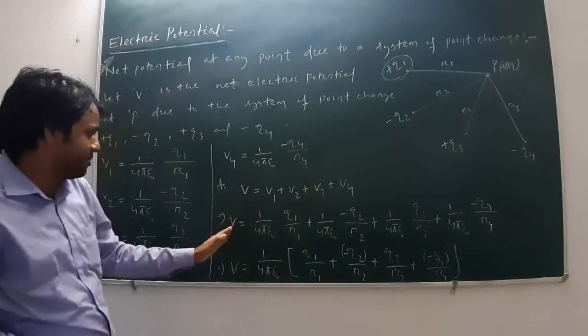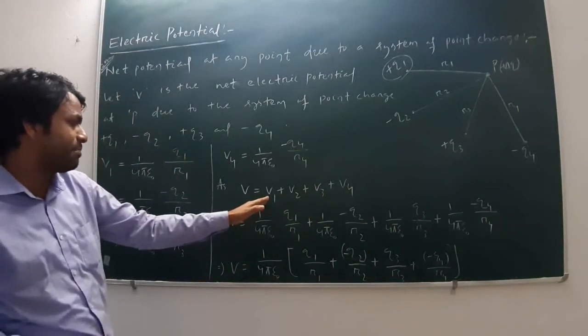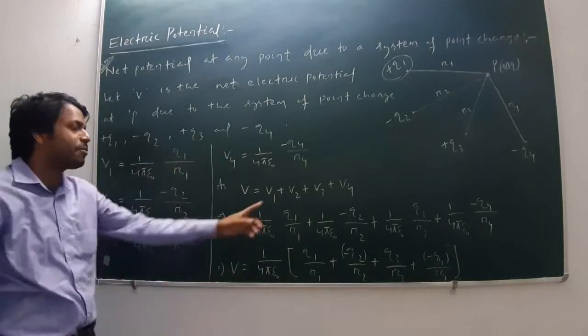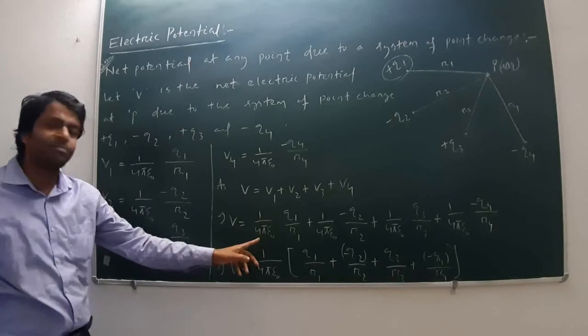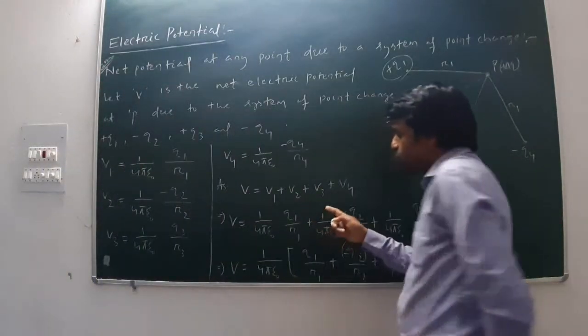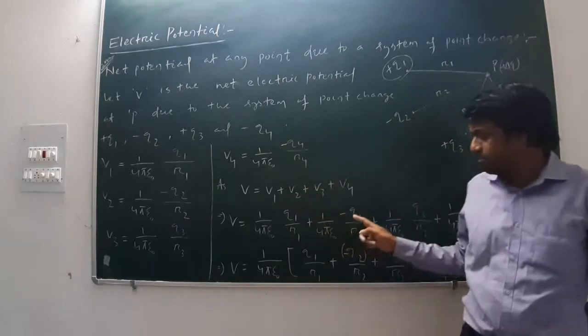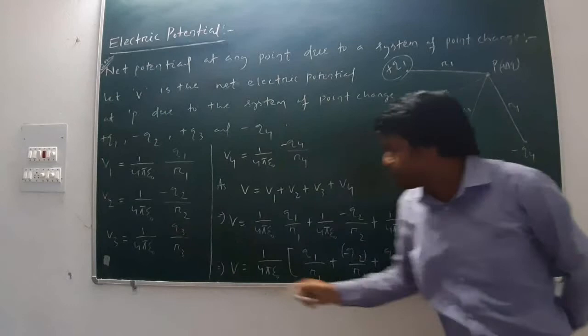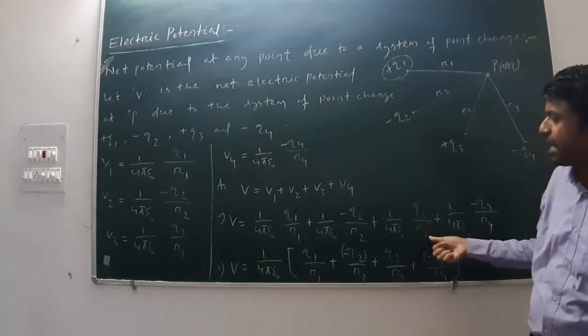So I have taken V, and I have replaced V1 with the formula: V1 is equal to 1 by 4 pi epsilon naught Q1 by R1. V2 equal to 1 by 4 pi epsilon naught minus Q2 by R2. V3 equal to 1 by 4 pi epsilon naught Q3 by R3.